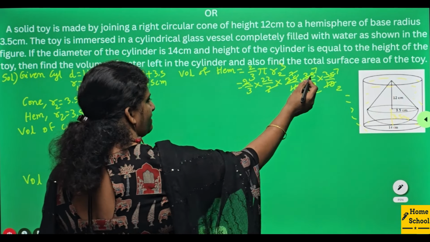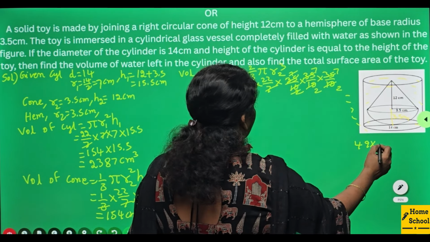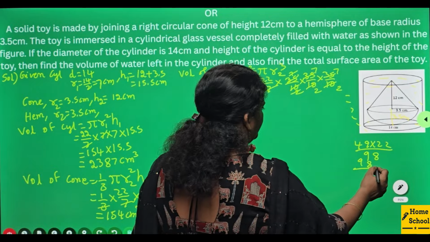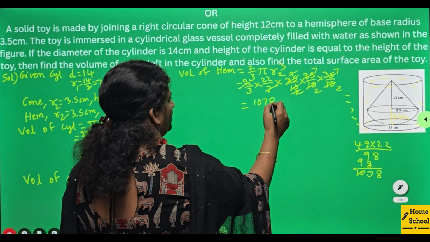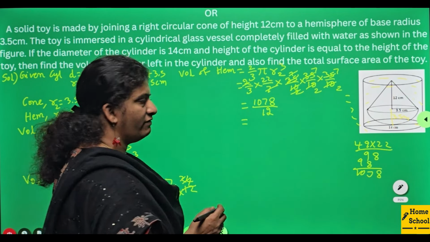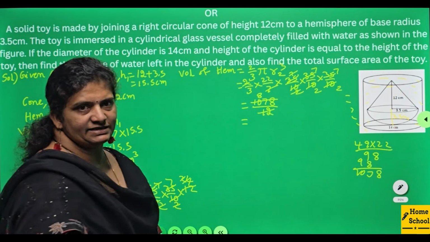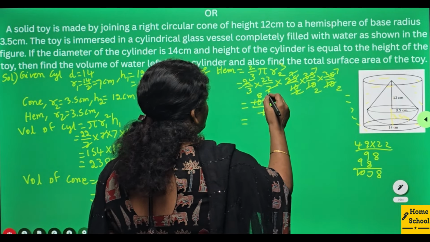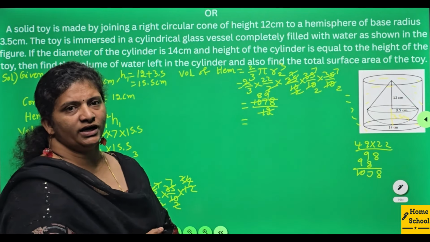That's it. So 7 sevens are 49 into 22. 49 into 22 multiply. 9 twos are 18, 9 2s are 18, 8 1s are 1078. 1078 by 12, 3 fours are 12, 12 nines are 108, 12 eights are 96. 107 minus 96 will be 11, 118, and it will be 12 nines 108. 118 minus 108 will be 10.